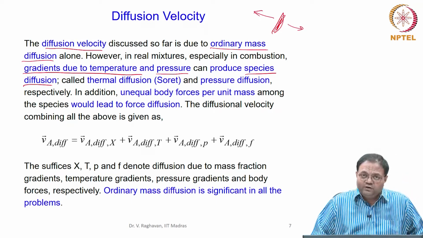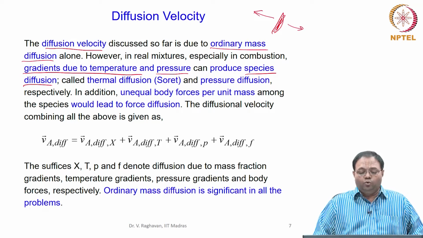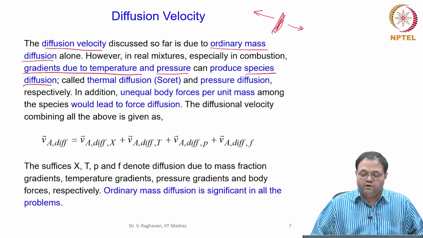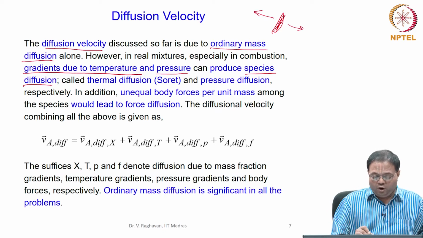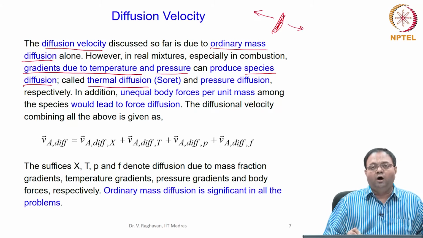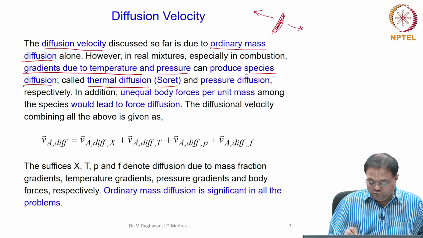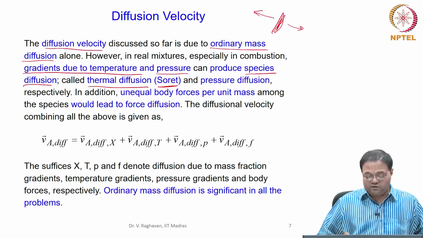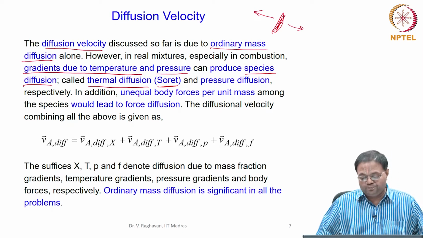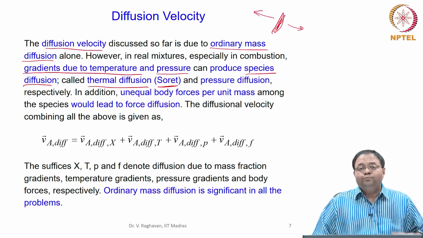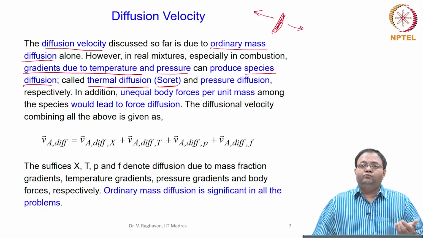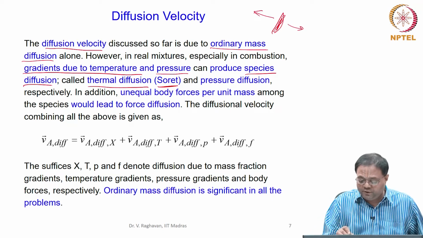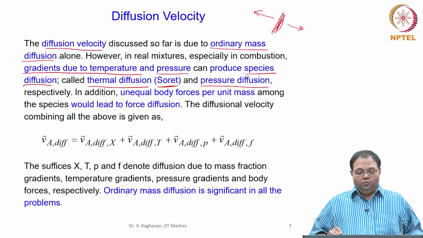If the species diffusion occurs due to a huge temperature gradient, then it is called thermal diffusion, or it is also called the Soret effect, S-O-R-E-T, okay. If the diffusion takes place due to a pressure gradient, then it is called pressure diffusion, okay.